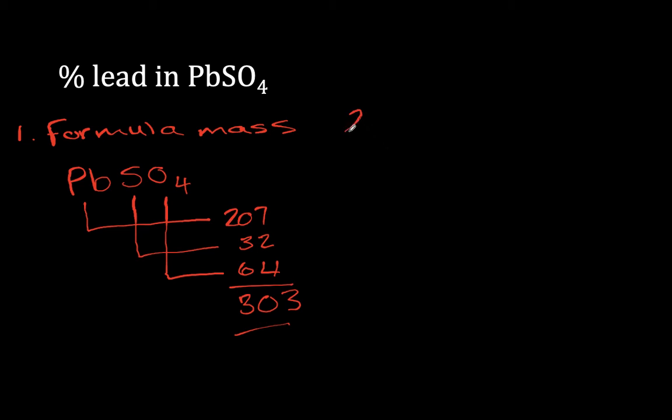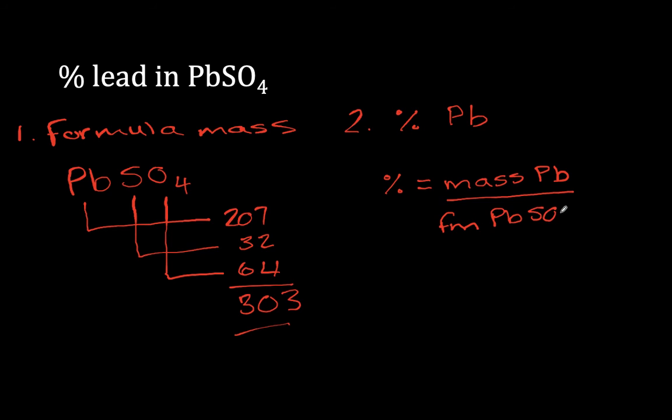Step 2 then is to work out the percentage of lead. To do that, we do mass of lead divided by the formula mass, or mass of 1 mole, of lead sulfate, and we multiply by 100.